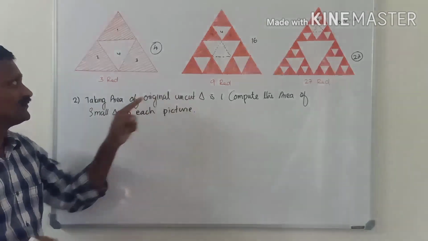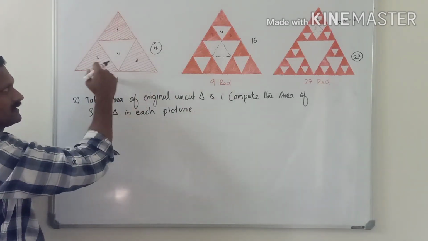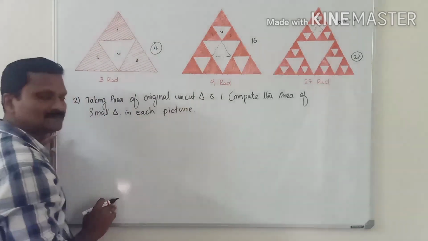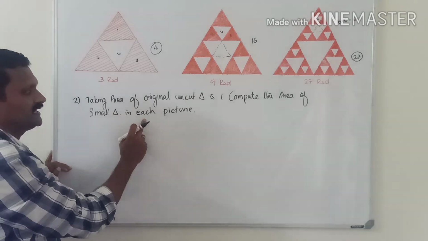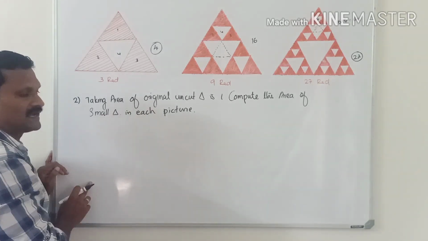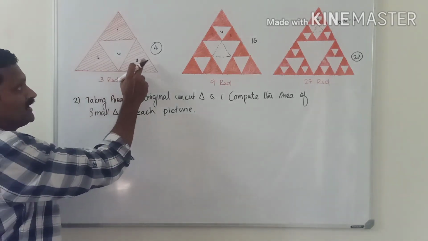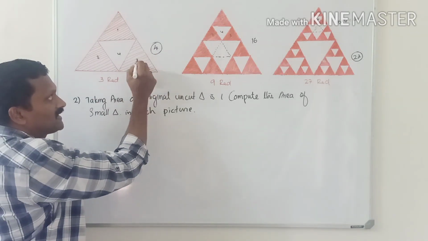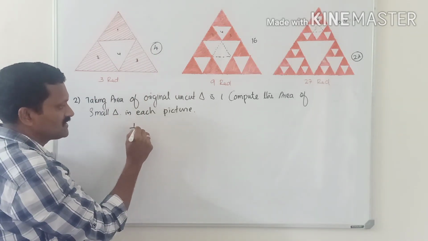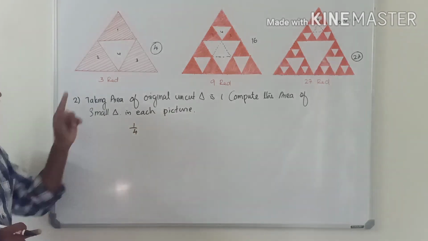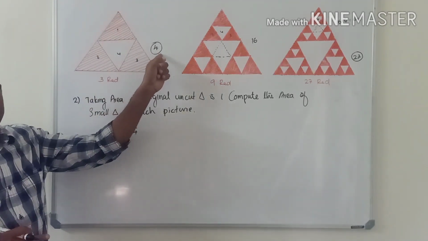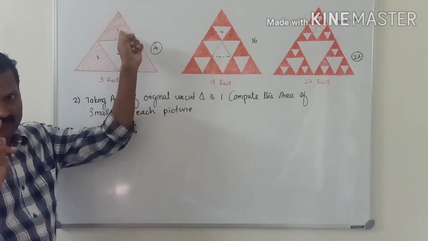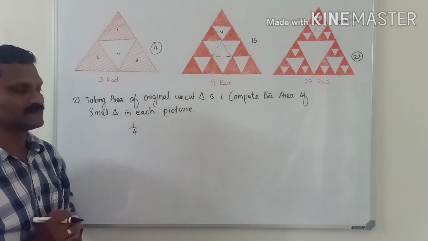Then what's the question? Taking the area of the original uncut triangle, that is the area of the bigger triangle, as 1, compute the area of the small triangle in each picture. How many small triangles? 4. Then the area of one small triangle in the first figure is 1 by 4. The large triangle is divided into 4 equal parts, so the area of one triangle is 1 by 4.